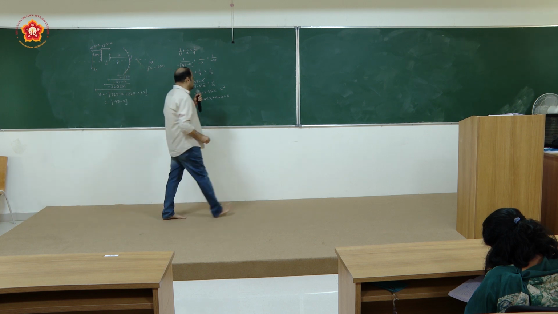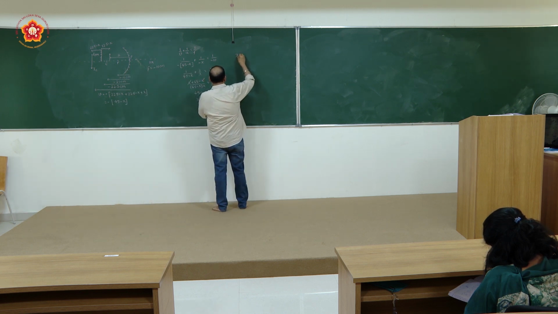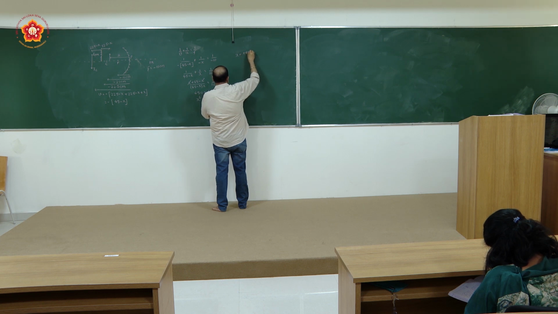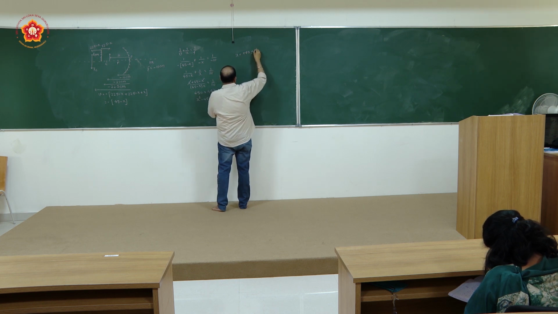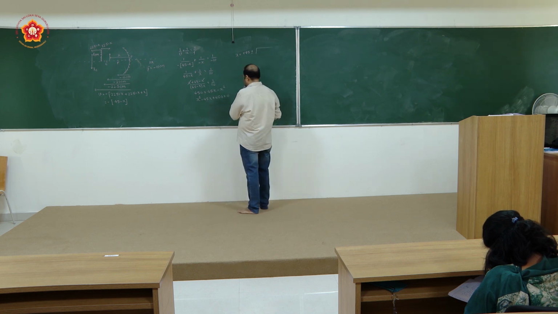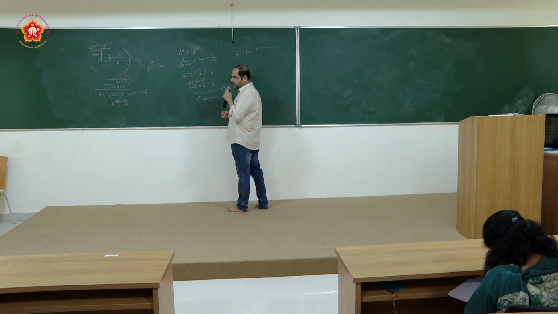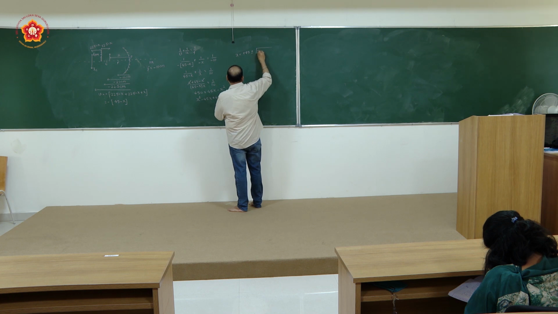Now you can use the formula directly. x is equal to minus b, minus of b means plus 45, plus minus under root of 45 square minus 4ac. 45 square will be 2025, minus 4ac.